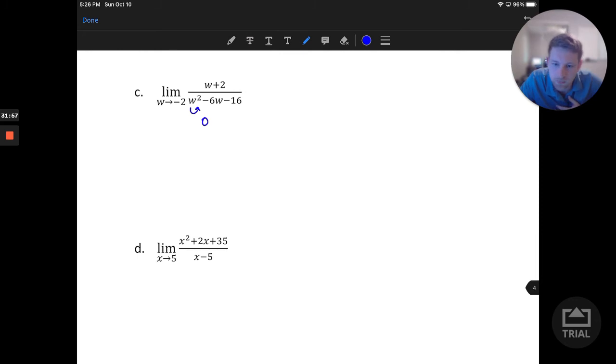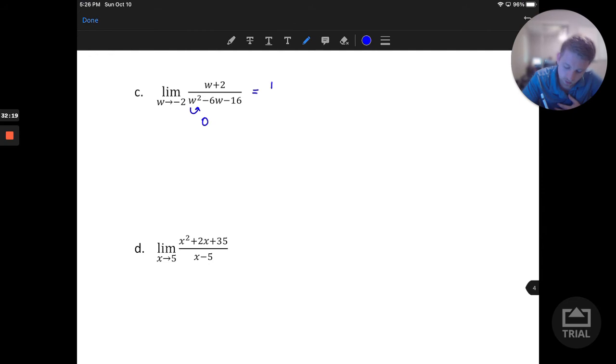You can pause the video if you'd like and double check that, but we will produce a 0 value in the denominator, making it undefined. So here's where we need to use an algebraic technique of factoring again to consider if we can actually evaluate this limit.